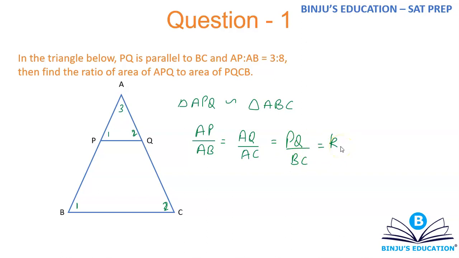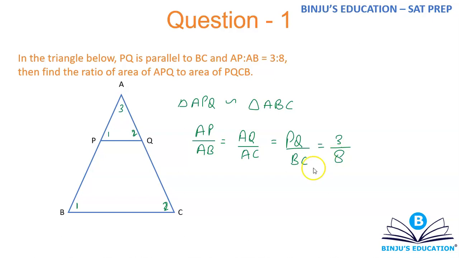Now AP is to AB is given to me as 3:8, which means AQ is to AC will also be equal to 3/8, and PQ by BC will also be equal to 3/8. So the sides of the two triangles are in the ratio 3:8.